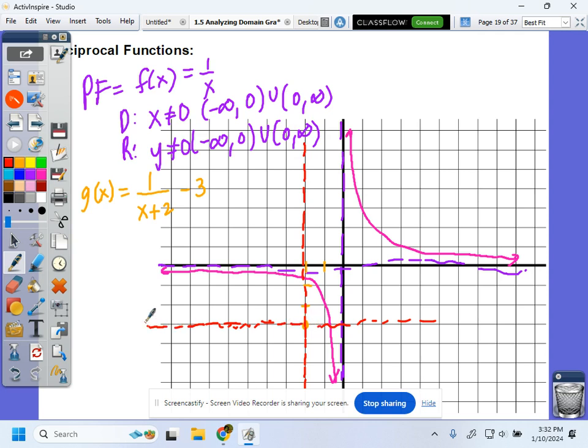And our graph will be the same thing. It's going to get closer to the asymptote here, and same thing with that one.